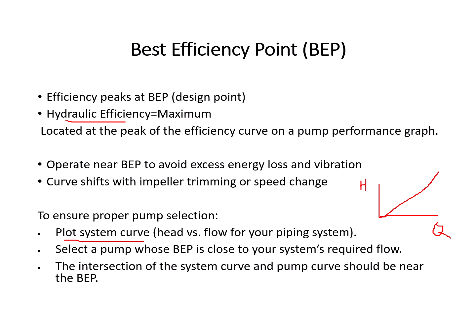For example, this is my required flow, Q1, and it corresponds to a head H1. So I will try to select my pump so that the best efficiency will be around my system flow.